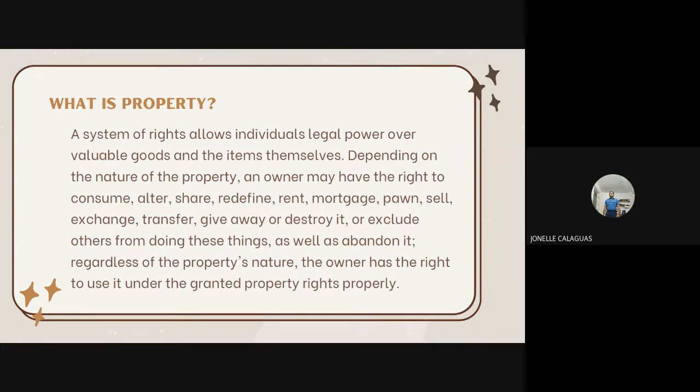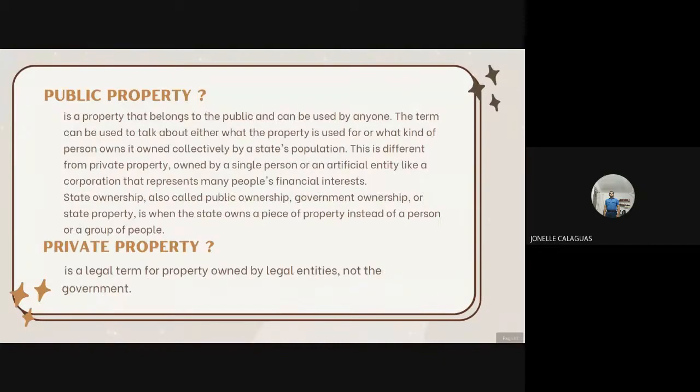Next, public property is property that belongs to the public. It is property that belongs to the public and can be used by anyone. The term can be used to talk about what the property is used for and what kind of person owns it, owned collectively by the state population.